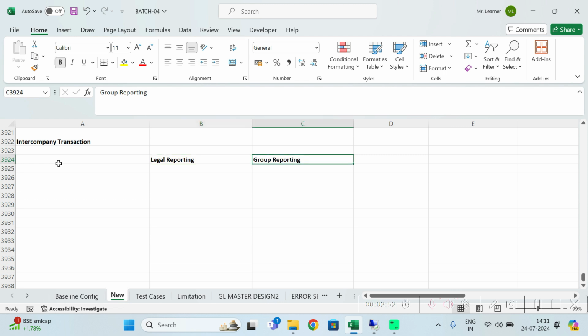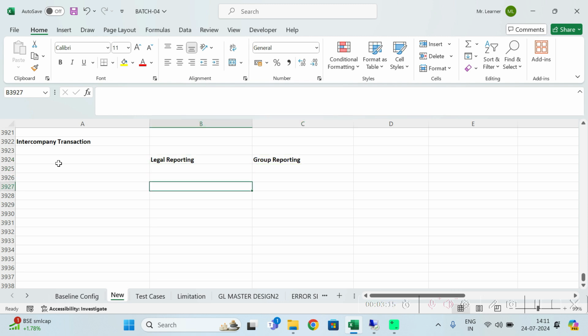So you have to eliminate the intercompany transaction while preparing the group reporting or group financial statement. Now how will you do the group reporting or intercompany elimination? With the help of trading partner.